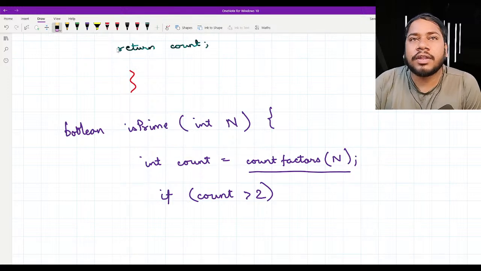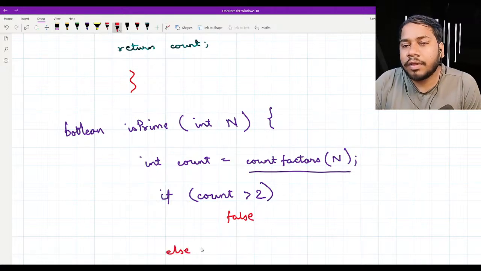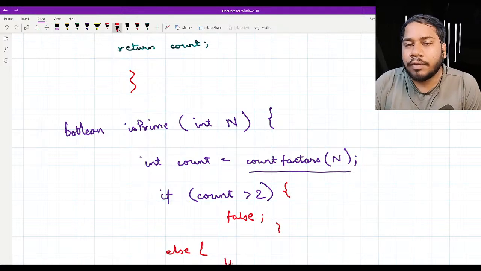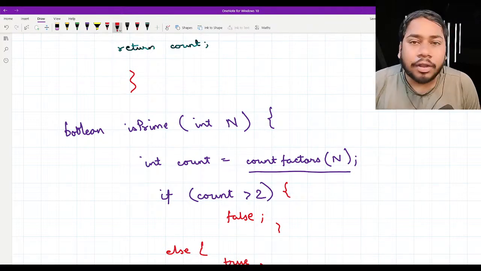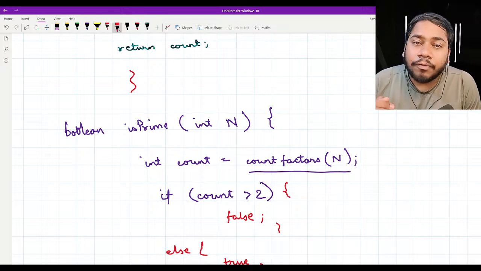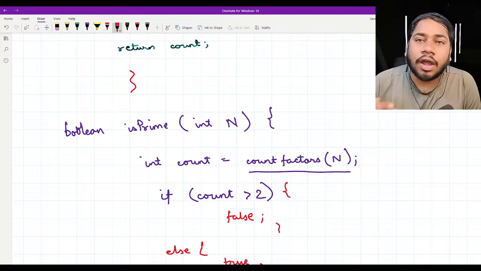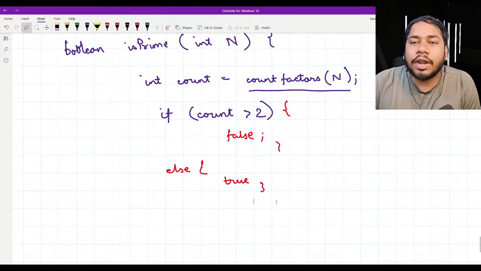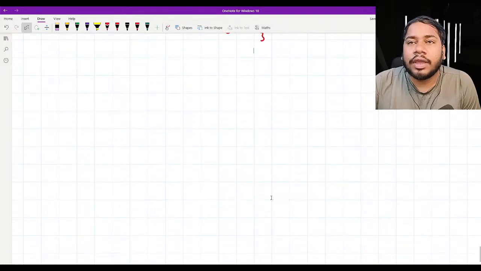If count is greater than 2, it will be false. Else it will be true. Understood, right? If you have understood this, we can optimize this further. How? Let's take the code again.